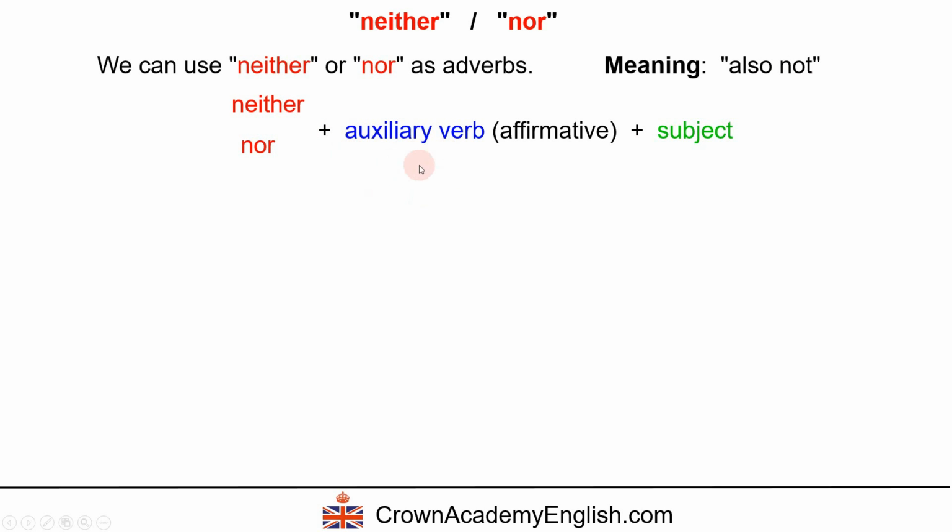Then followed by the auxiliary verb in the affirmative and then the subject. So notice that the order here is inverted, because normally you have the subject first and then an auxiliary verb. But here it is the auxiliary verb and then the subject.